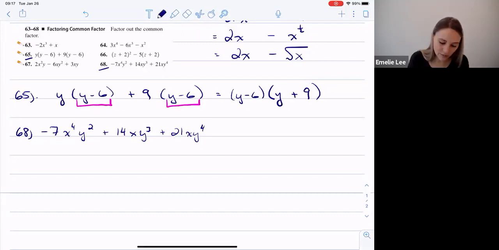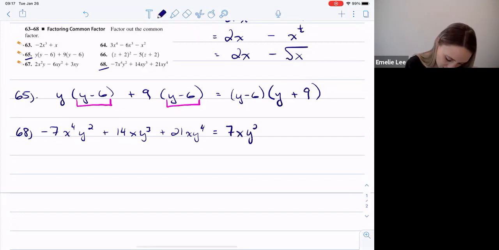Okay, great. So I'm going to write that out front here, 7. And then I'm going to pull out a common multiple of x and y to the power of 2. So x is the lowest power of x, and y to the power of 2 is the lowest power of y.